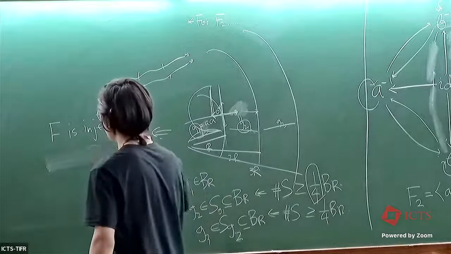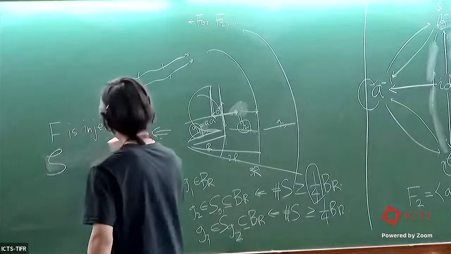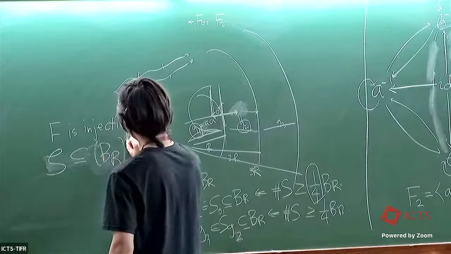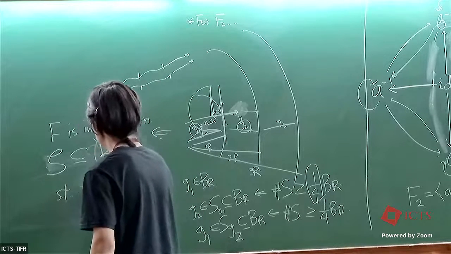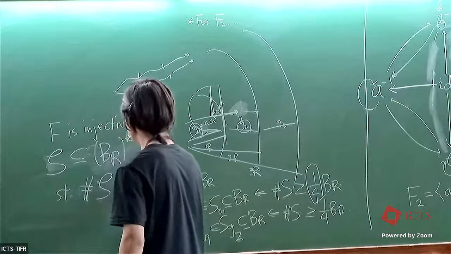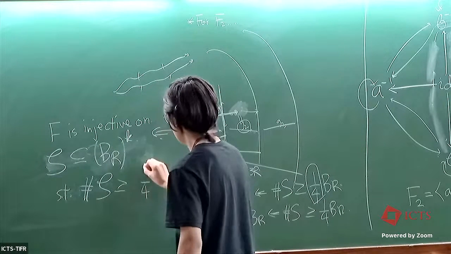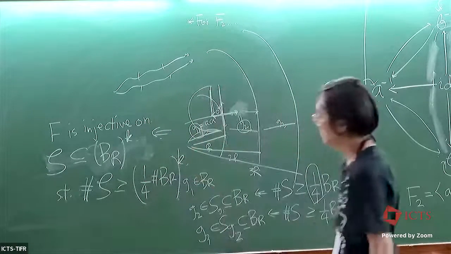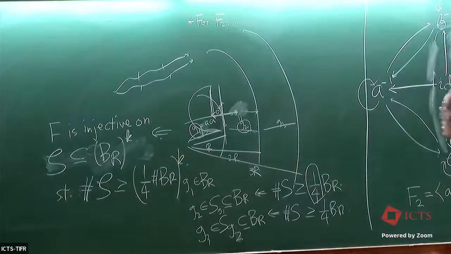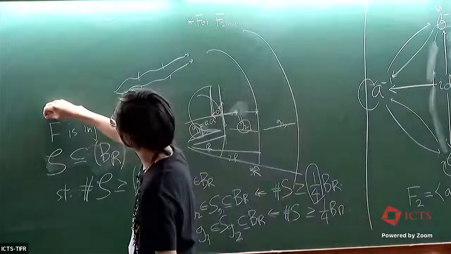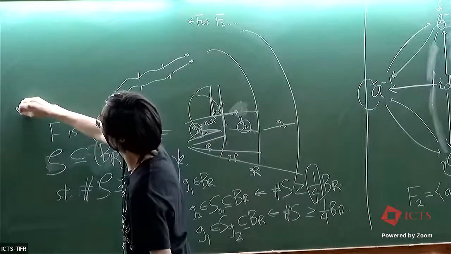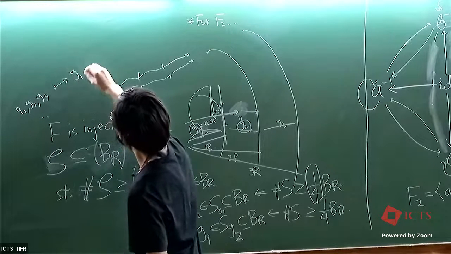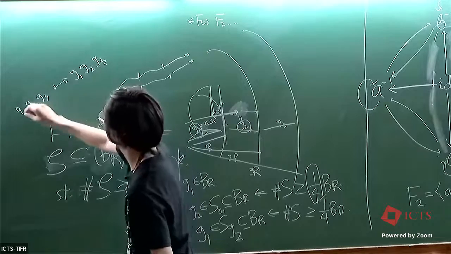But I will just say that it's a subset of B_R^k such that its cardinality is at least a fixed fraction of |B_R|^k. So this map just sends this to the concatenation.